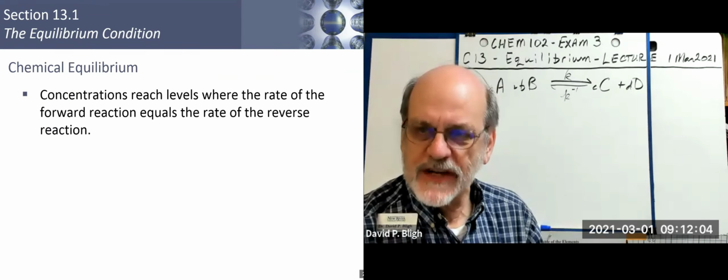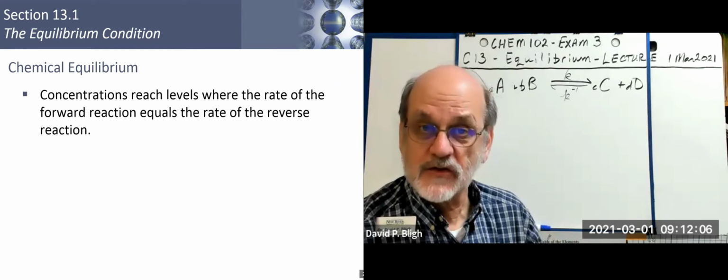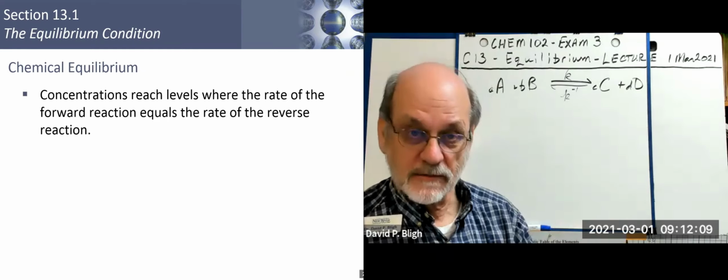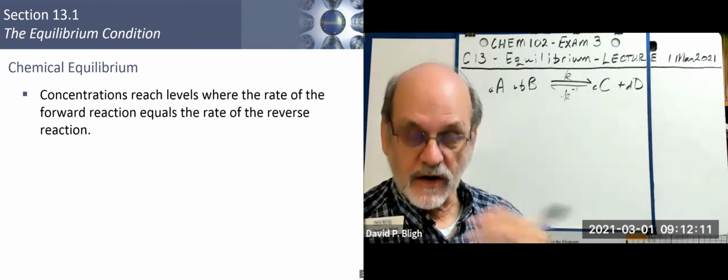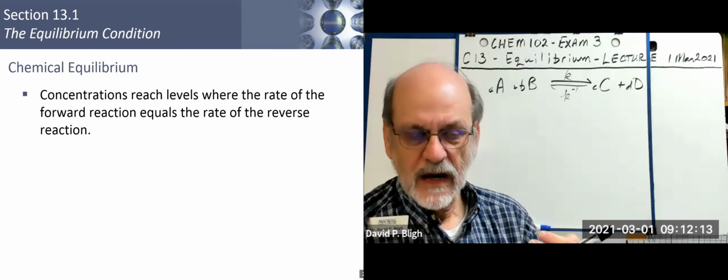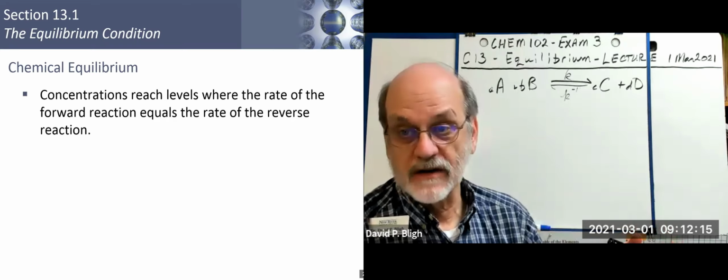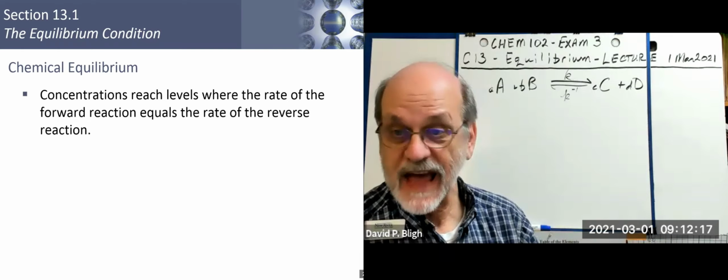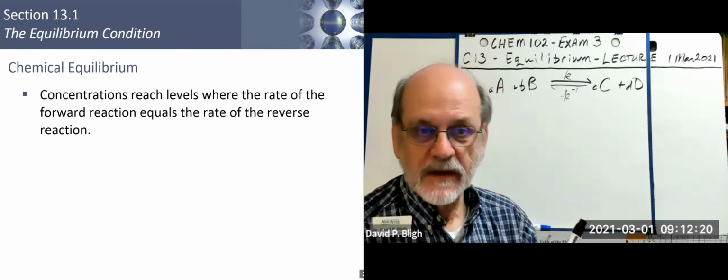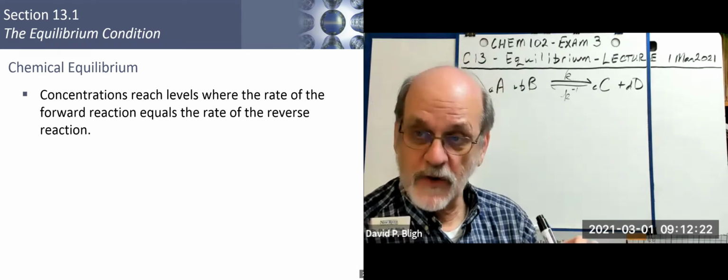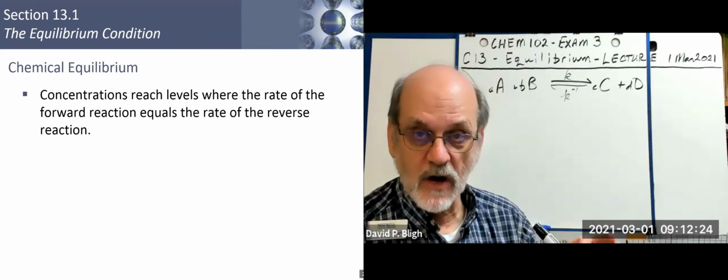Okay, and we study equilibrium in terms of concentration, some expression of reactant and product concentration. Typically, that would be molarity, moles per liter. Even gases can be expressed that way. Of course, gases can also be expressed as partial pressures. Remember John Dalton.